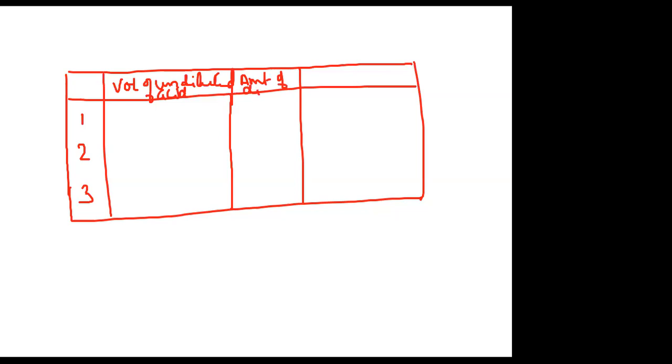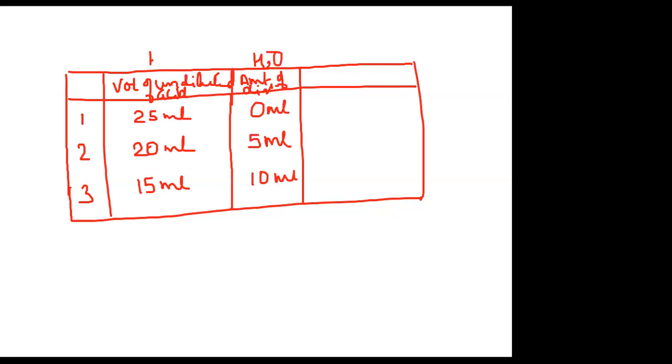So undiluted acid in the first case is 25 ml, and distilled water added is 0 ml. In the second case, it is 20 ml acid and 5 ml of distilled water. In the third case, it is 15 ml acid and 10 ml of distilled water.